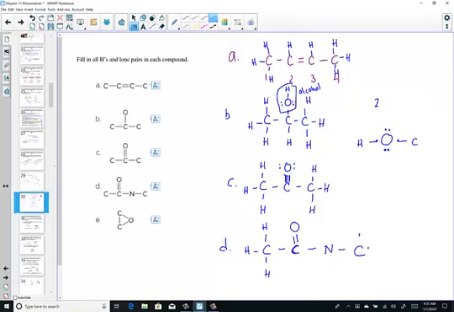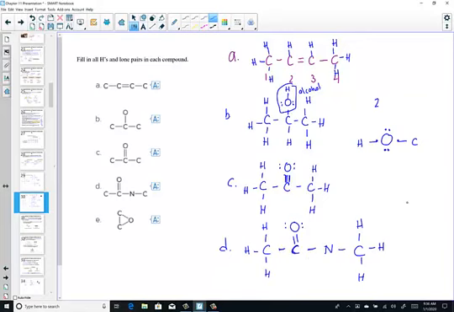And the end carbon, I can quickly complete its requirement by adding 3 hydrogens. Now, remember oxygen, it requires 2 bonds and 2 sets of lone pair electrons. So I can complete its requirement by adding 2 sets of dots. This carbon here has 4 bonds, so we're done.